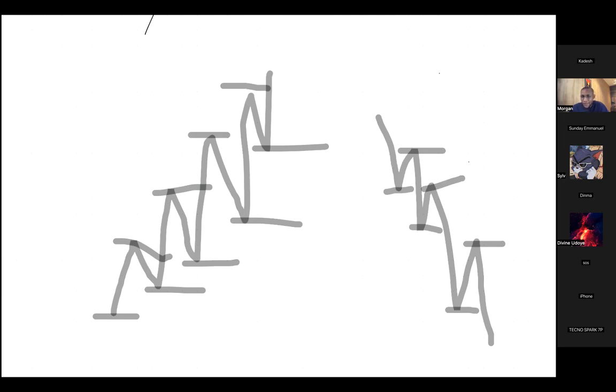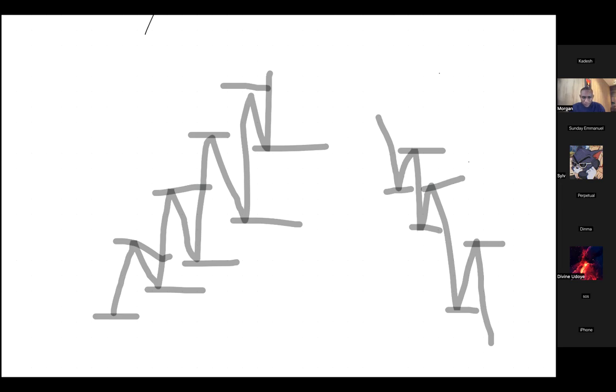This low here is lower than this. That's why it's called a lower low. And when price is not doing any of these two things, and is just doing this one and then this one and then this one, that means that price is in a range. It doesn't have a direction, because once price has a direction, it's going to be trending upwards or downside.